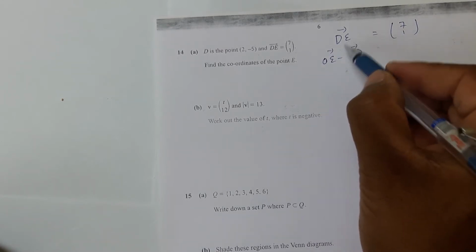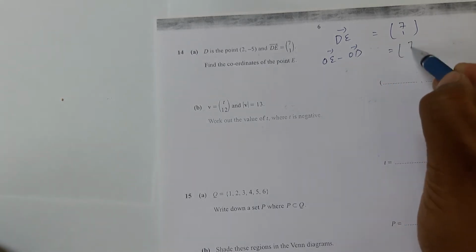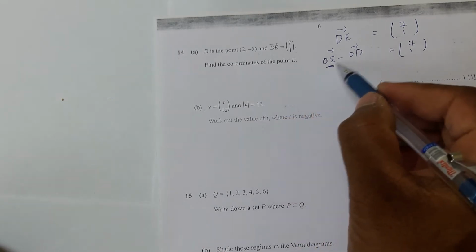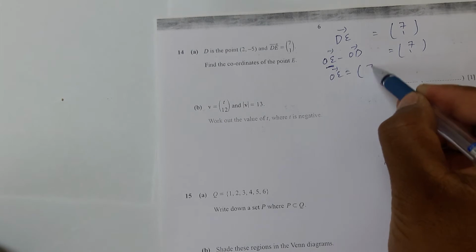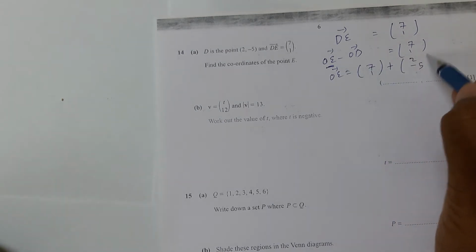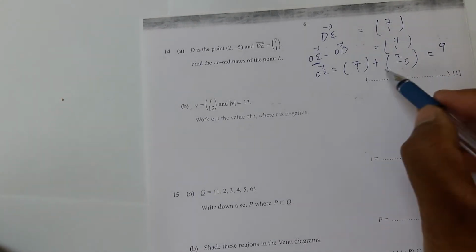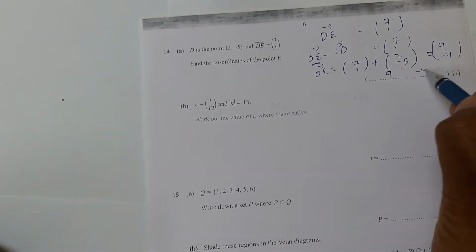That's how we write it: second one minus the first one, equal to 7 comma 1. You want the position, the coordinates of E, which means OE. So send OD to that side. So 7 comma 1 plus OD, which is 2 comma minus 5. So 7 plus 2 is 9, and 1 minus 5 is minus 4. So it is 9 and minus 4.